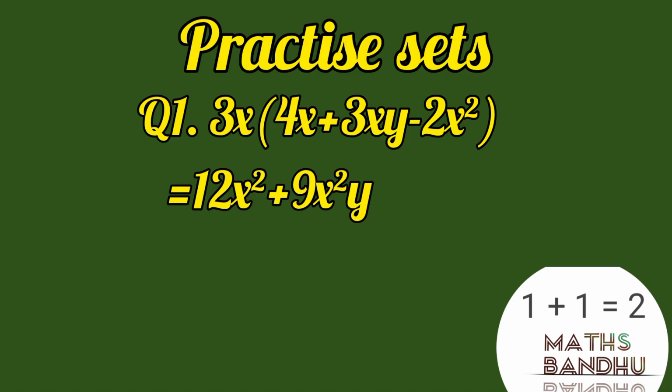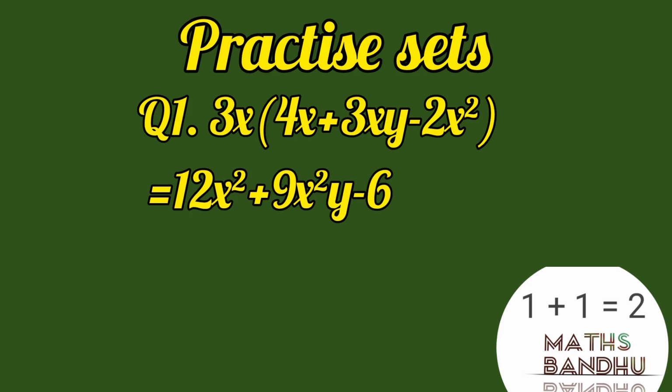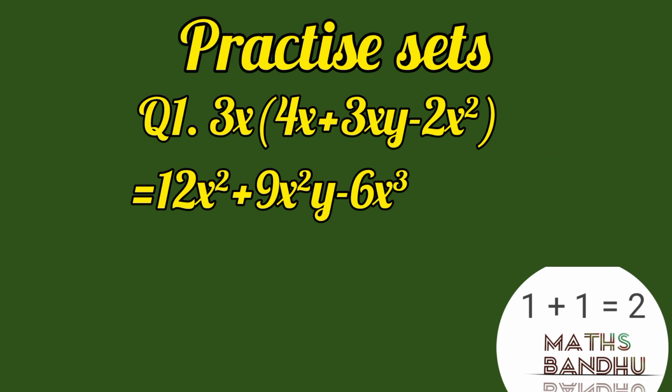Minus 2 3s are 6, and x square into x gives us x cube. As we do not have any like terms over here, the answer will remain as it is.